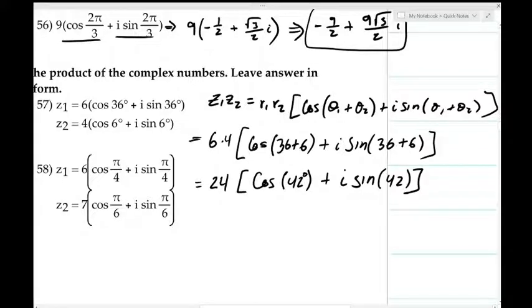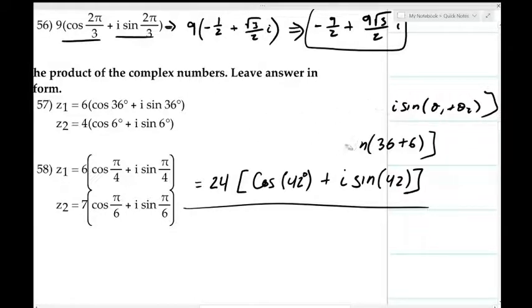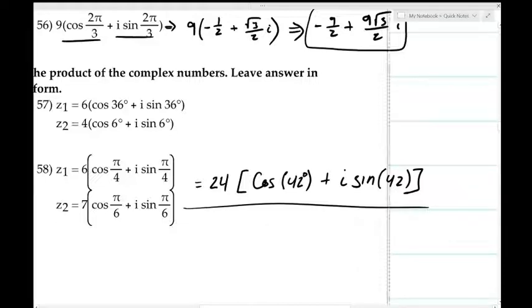So the product of z1 and z2 in number 57 is 24 times cosine of 42 degrees plus I sine of 42. Okay, so hopefully that makes some sense, and working with degrees is fairly simple.